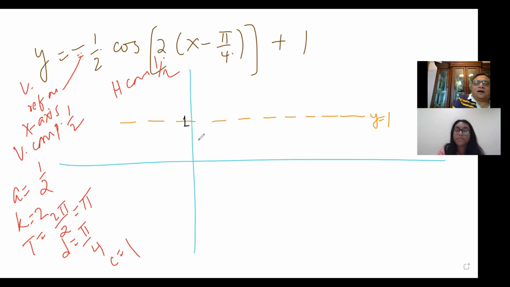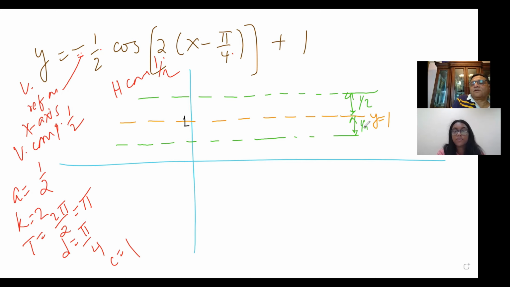So I'm drawing a half from here. So this is my minimum, and that will be my maximum. So this portion here is half, correct? The value of A. And as soon as I write half here, I know this is 1.5 for me now, and this is 0.5. Does it make sense? Easy, right?